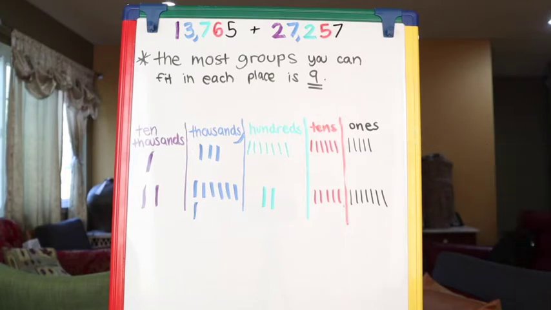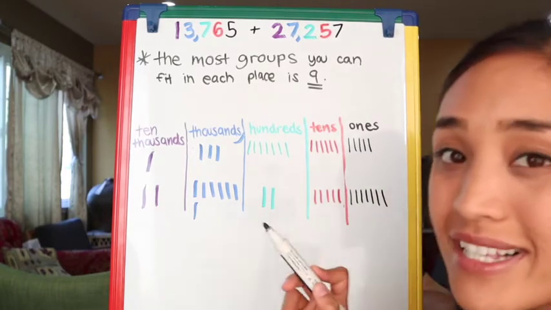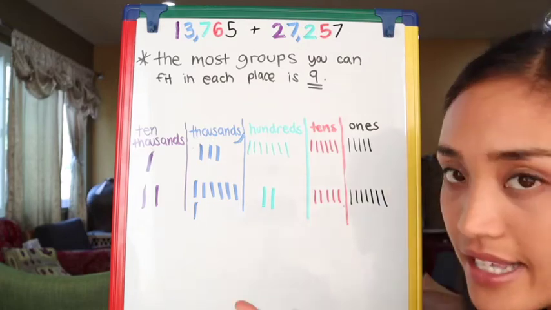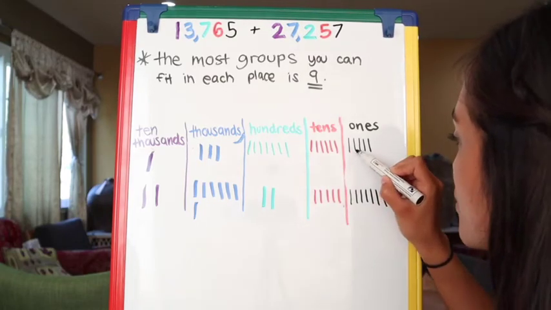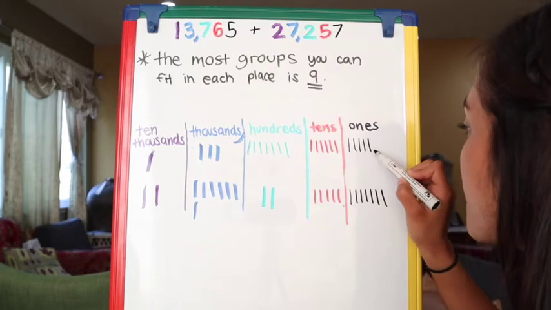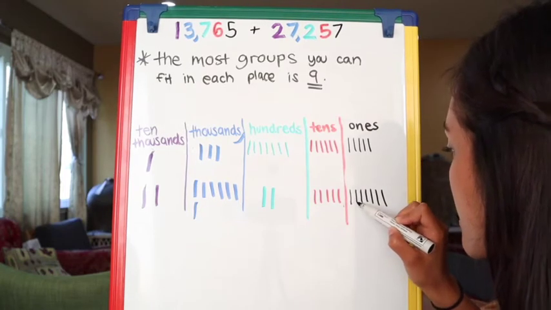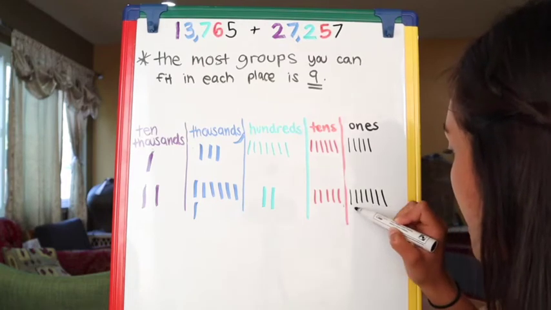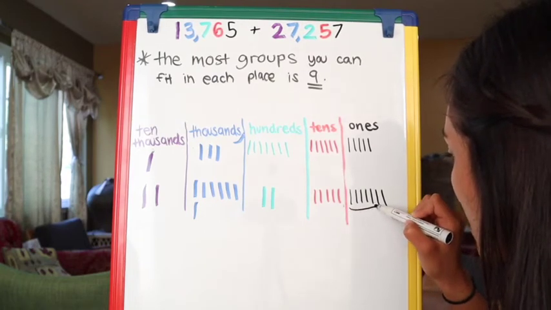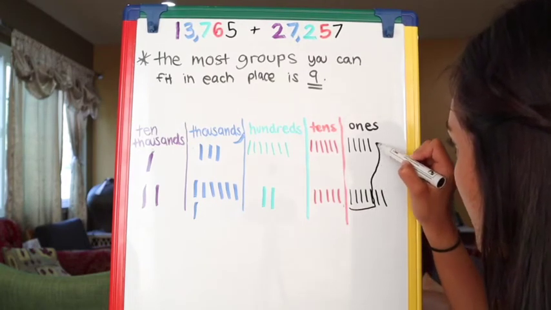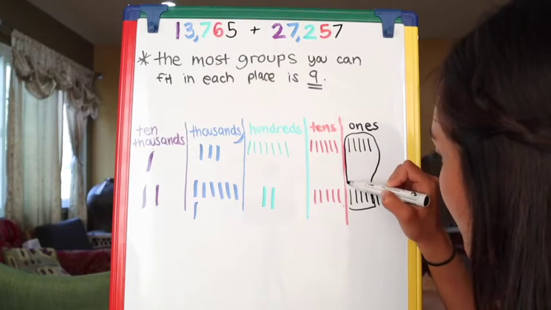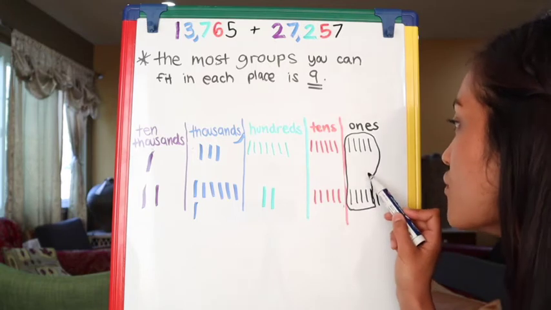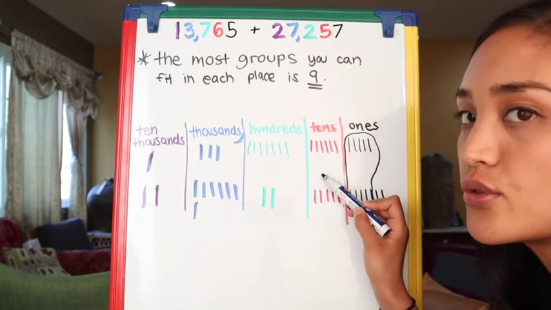Alrighty, starting with the ones. Once I get to 10, I'm going to circle that group of 10. 1, 2, 3, 4, 5, 6, 7, 8, 9. Looks like I'm gonna form a group of 10. I'm gonna circle my 10 groups and I'm going to move them over to the tens place.